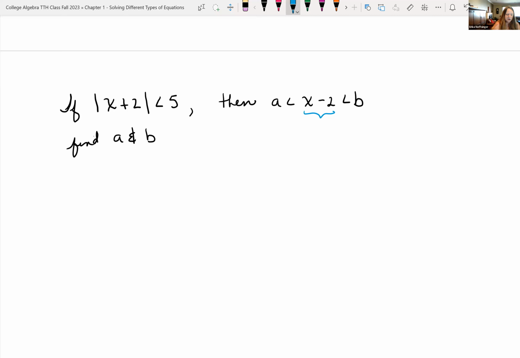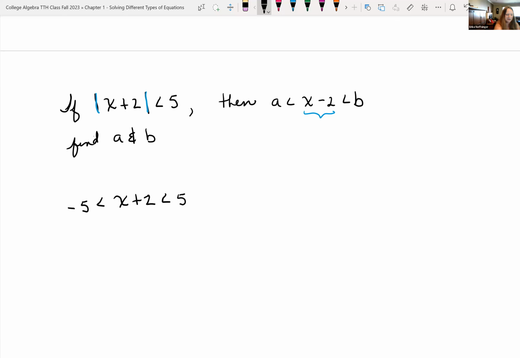In order to drop the absolute value, we take what's inside, x plus 2, and sandwich it in between -5 and +5. So I want to manipulate this so it's x minus 2 in between both of those inequality symbols. Well, I don't want +2 there, I want -2.